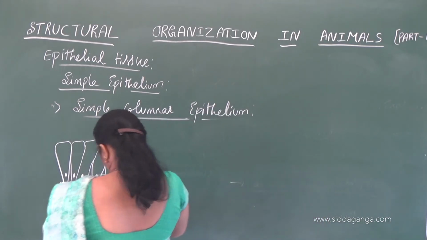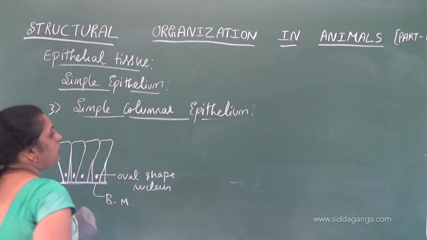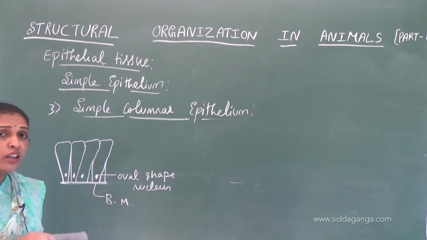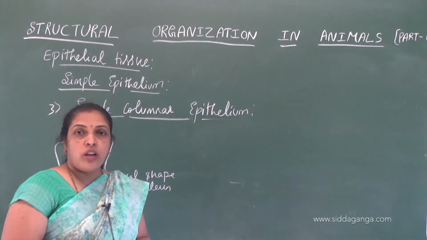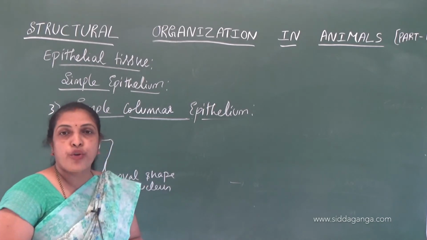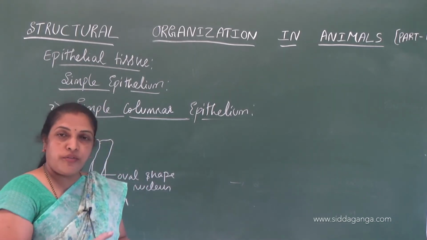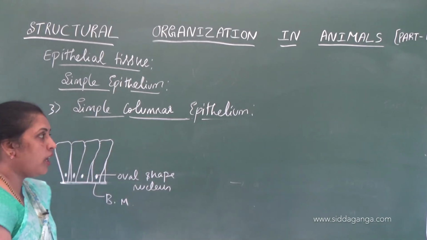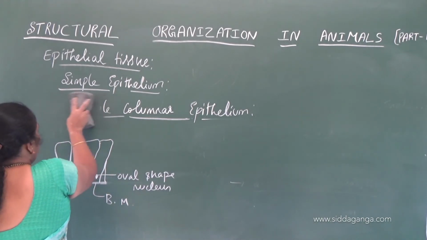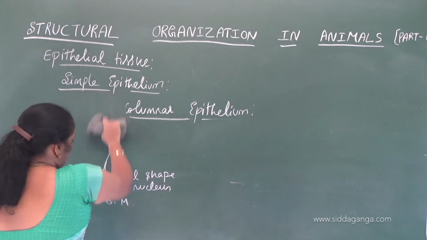This is about columnar epithelium. Again, they may ask for 2 marks: draw the structure of cuboidal epithelium and write its function, and draw the structure of columnar epithelium and write its function. Together they may ask for 3 marks also.